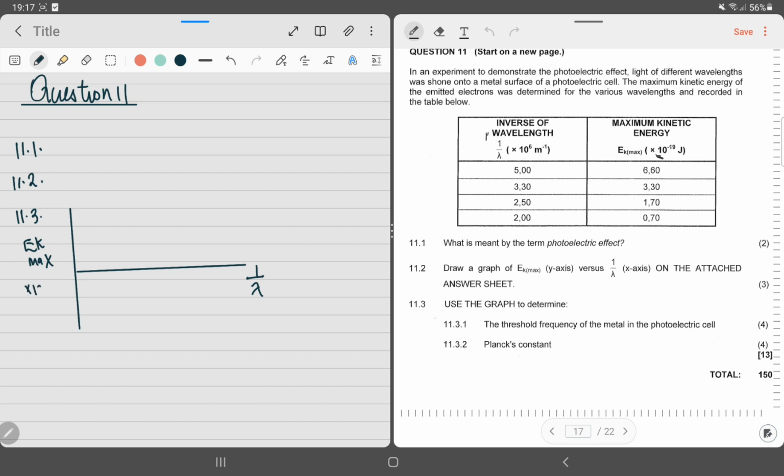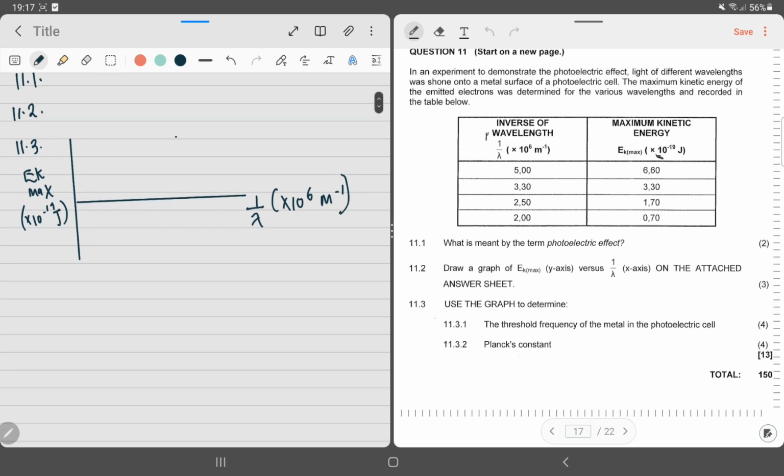This is given by 10 to the negative 19 joules, and that is given by 10 to the exponent of 6. We have a graph that looks like that.